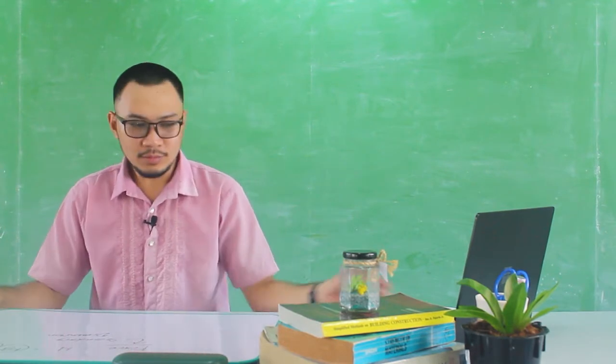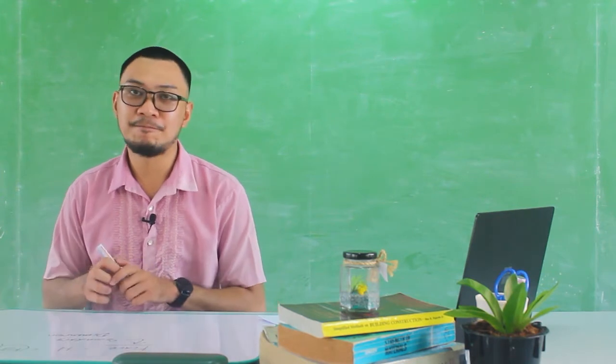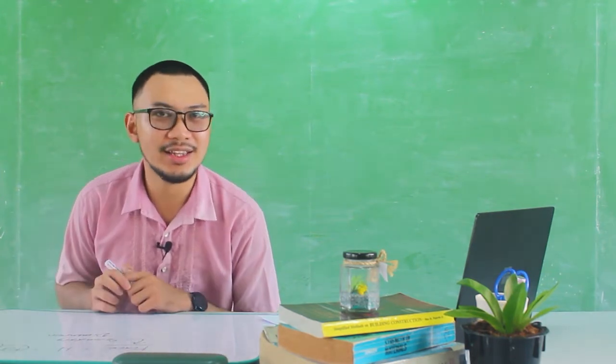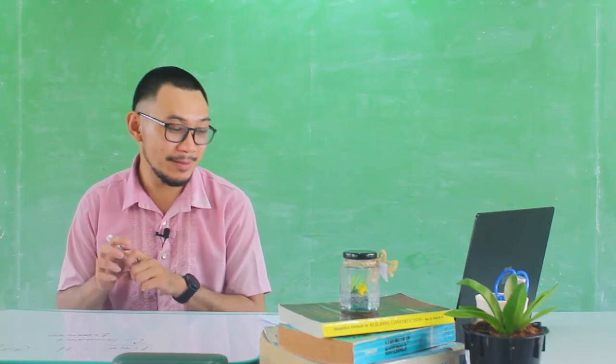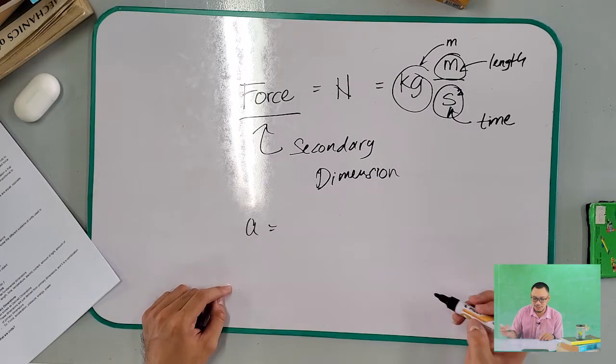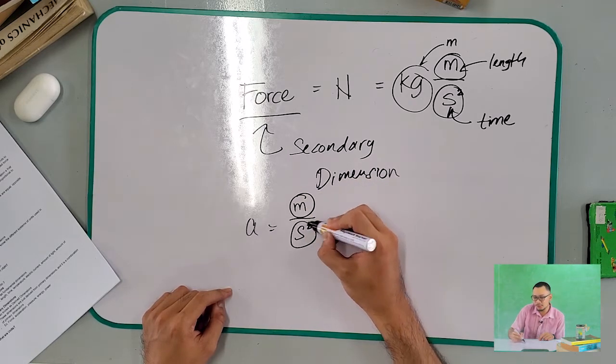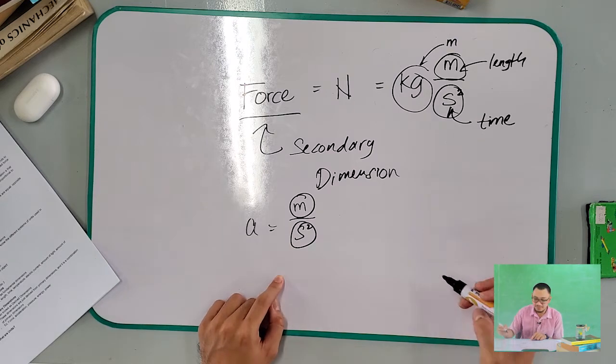And also we have some other secondary dimensions that probably ganahan mo kibaw. We have acceleration. Unsa unit sa acceleration? That is meters per second squared. So it is derived from 2 primary dimensions. You have pressure.